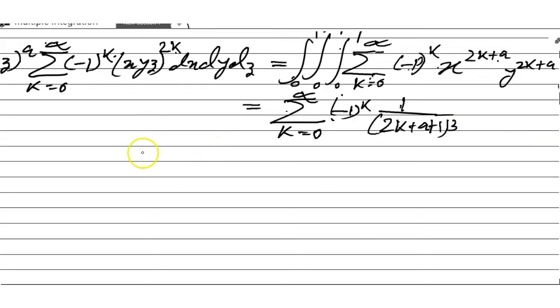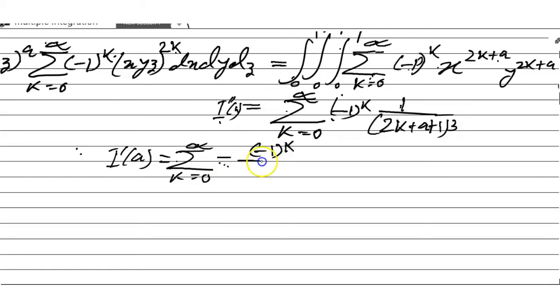And now I double dash a, this is I double dash a, I dash a is equal to summation k equals 0 to infinity, minus 1 to the power k, divided by (2k plus 1 plus a) whole square.